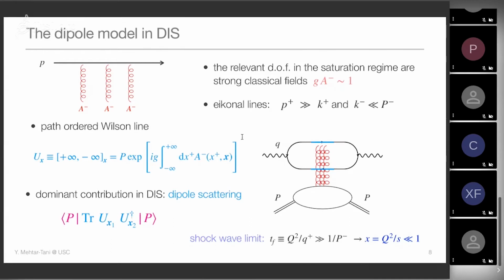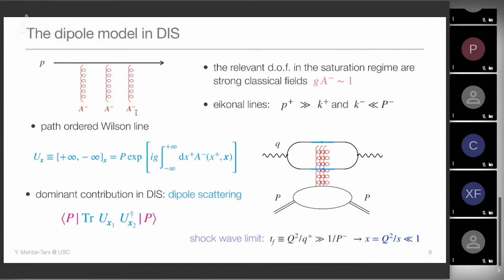So at small x, the relevant degrees of freedom are strong classical fields. So typically you assume that the gauge field that describes your target, here A minus, again, because the target moves in the minus direction, the component of the gauge field that's somehow dominant is the minus component.